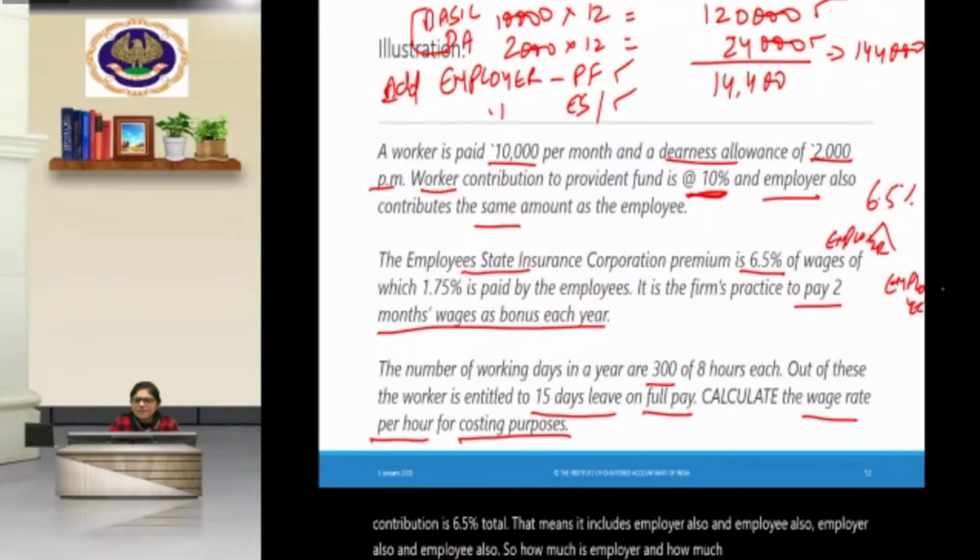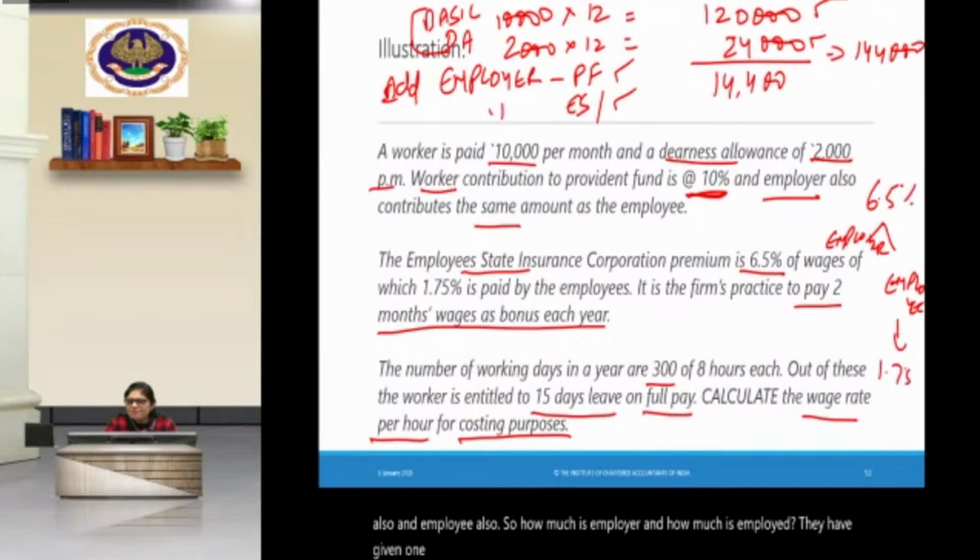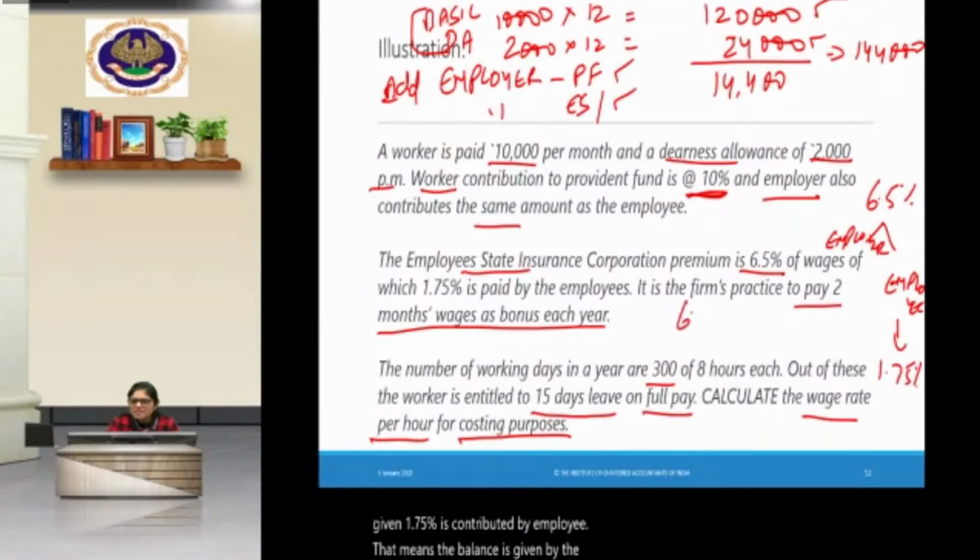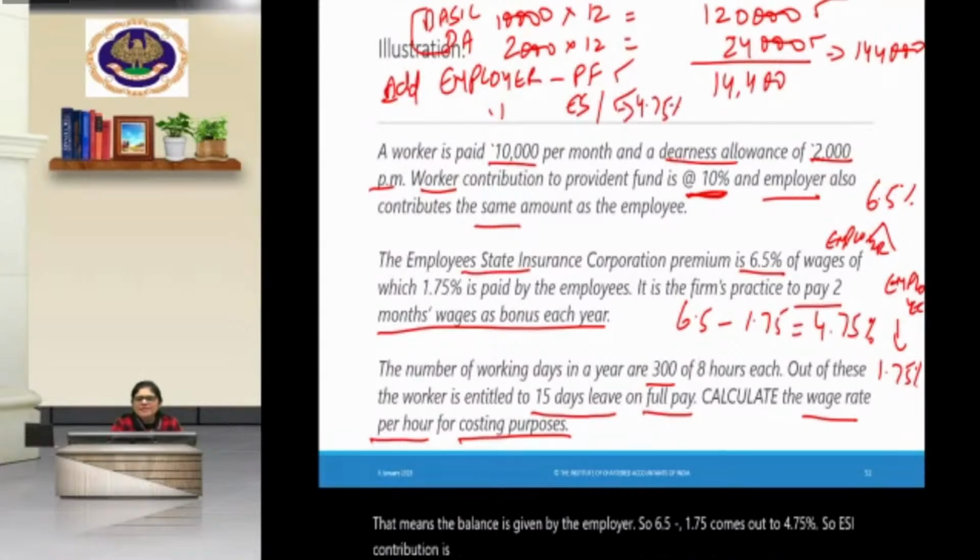They have given 1.75% is contributed by the employee. That means the balance is given by the employer. So 6.5 minus 1.75 comes out to 4.75%. So ESI contribution is 4.75%.